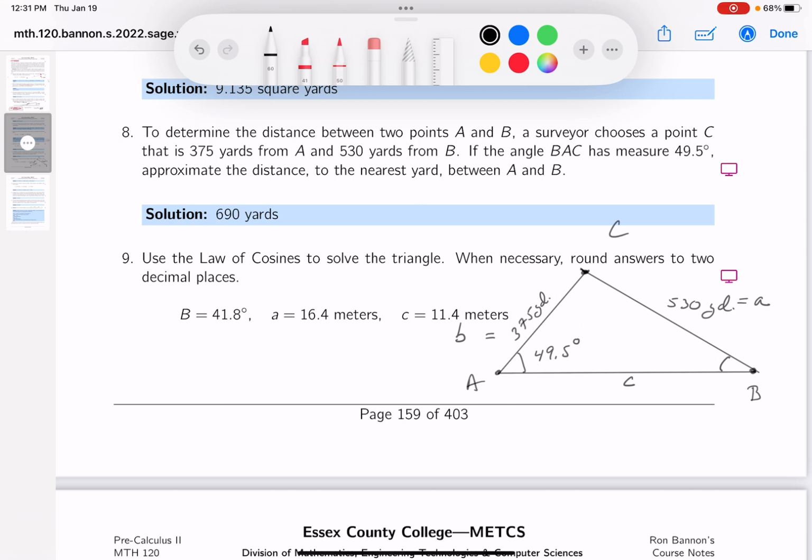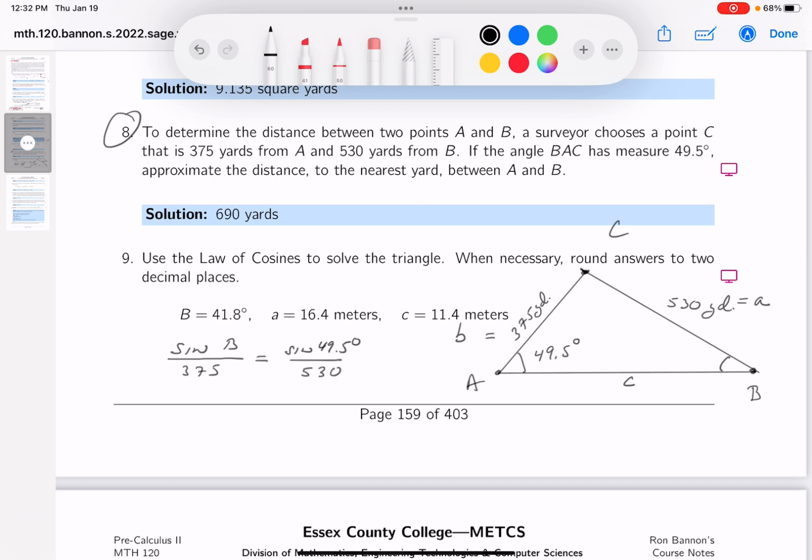So what I want to write down is sine of B. By the way, we're doing problem number 8. Sine of B over 375 equals, and this is what you expect to do on the exams, by the way, sine of 49.5 over 530.